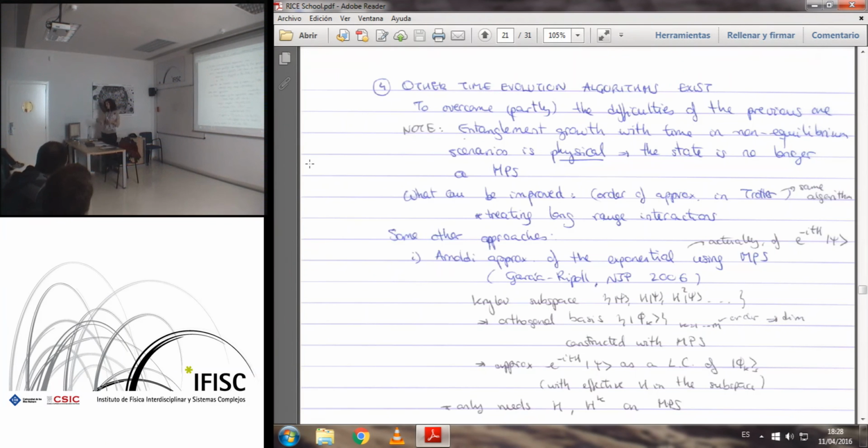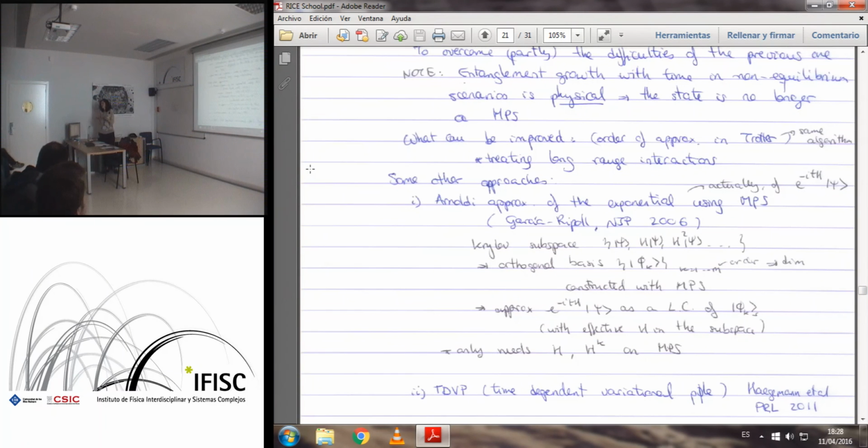So still for the smaller steps, but instead of doing this trotterization, which as I said has a problem if the interactions are long range, you use powers of the Hamiltonian expressed in a reduced basis. And so powers of the Hamiltonian are still okay. The Hamiltonian itself can be an MPO. The powers of the Hamiltonian will be like a tower of MPOs. But if you just have a few of them, you're still okay. And you can still do these approximations.